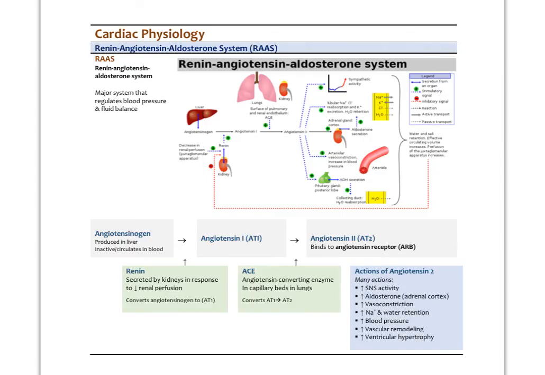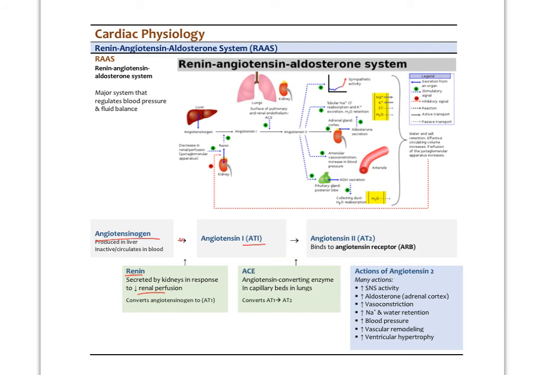Here I've just summarized once again the RAAS system, just kind of for your own reference there. But again, the basic process is liver secretes angiotensinogen at a constant rate. It's inactive in the blood, but then anytime the kidney perceives a decrease in renal perfusion, it's going to basically secrete renin, another protein, which works as an enzyme to catalyze the reaction between angiotensinogen to angiotensin 1, or AT1.